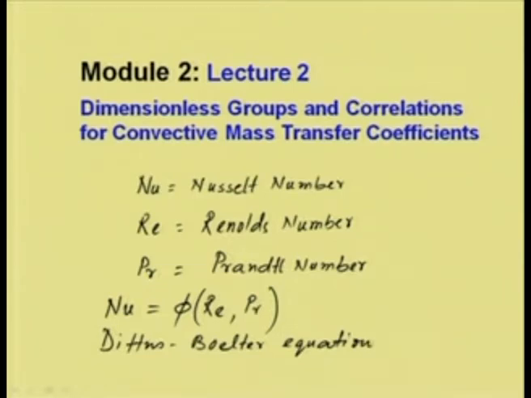Similarly, like heat transfer, two important dimensionless groups in case of mass transfer are the Sherwood number and the other one is Schmidt number.